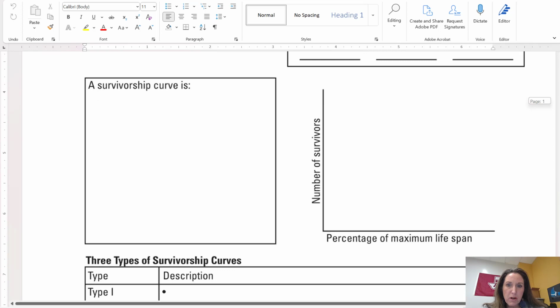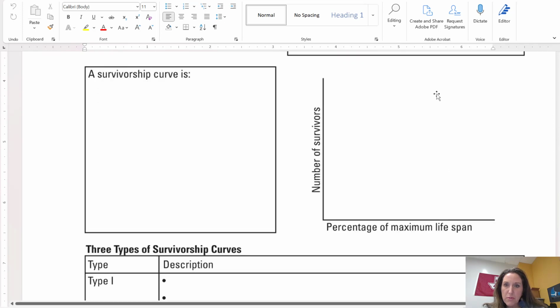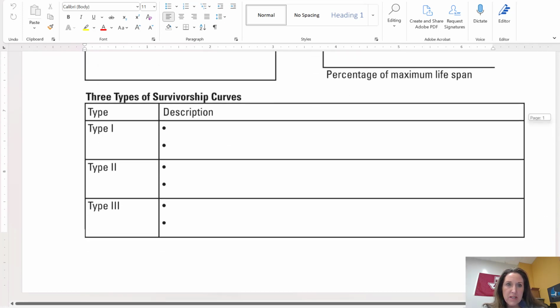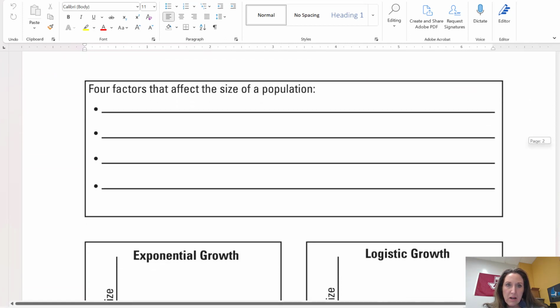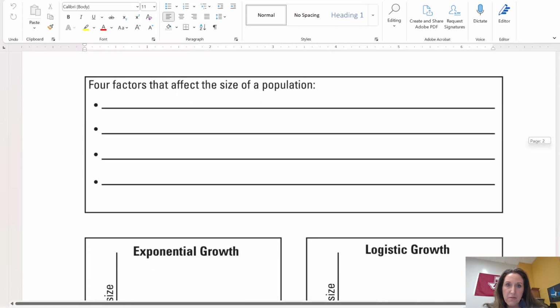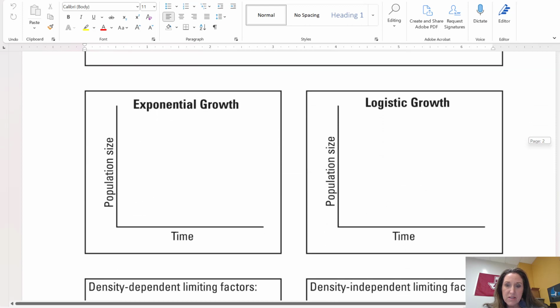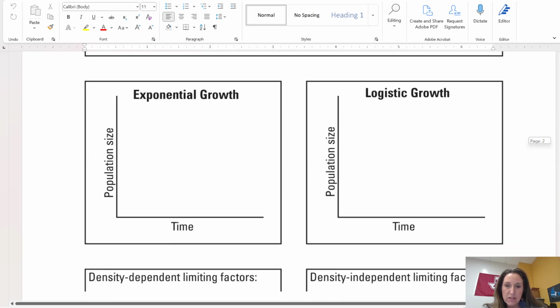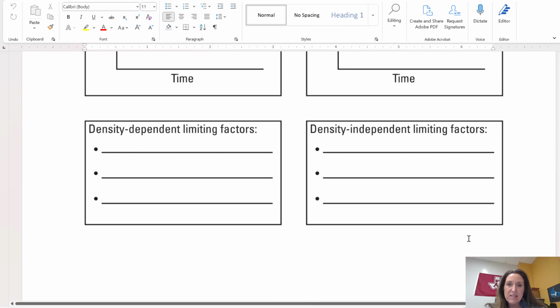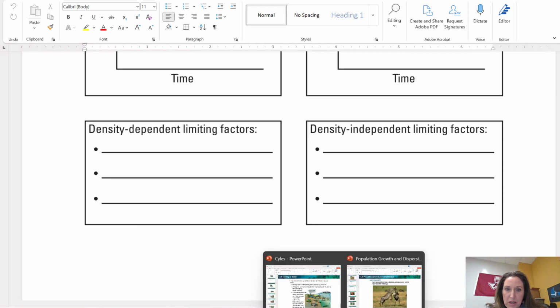Definition of survivorship curve, examples of the three survivorship curves, and descriptions go here. Here, 4 factors that affect population size. This is the graph of exponential and logistic growth, and these are density dependent and independent limiting factors, and I will be listing all of those. So it should be pretty self-explanatory as we go through.